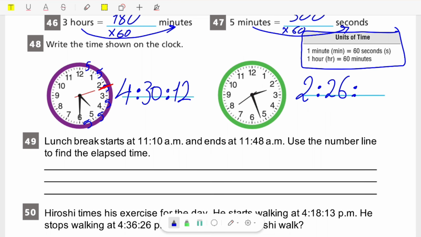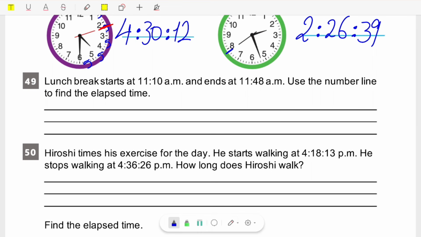Then the second hand lies here. We said 5 between each number, traveling from 12 till 8 it's 40, but it's not exactly 8, it's before 8 with 1 dash, so it should be 39. Okay, let's go to the next one.